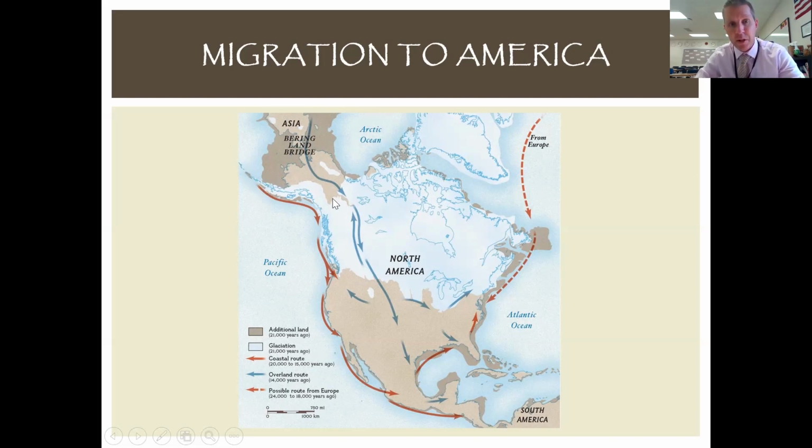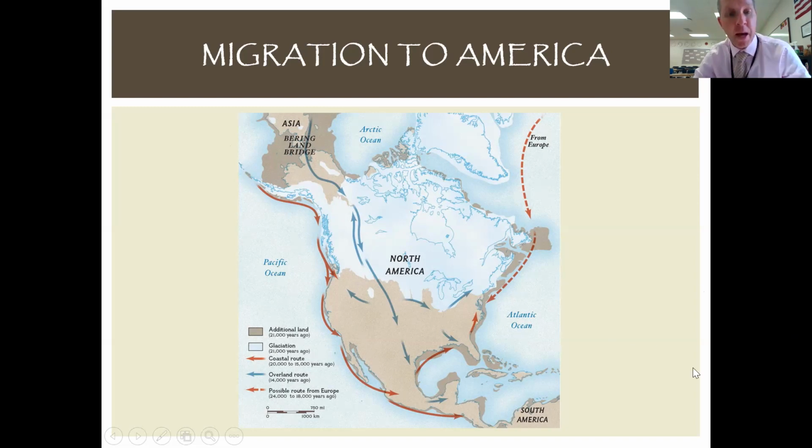They came across this Bering Land Bridge, or when the continents were a little bit closer together, there in that area. Sorry, there we go. Had trouble aiming on my mouse there for a second. So they came across that area in the Bering Strait, walking across on frozen land, and then down into North America and into what we would consider to be the United States and then South America.